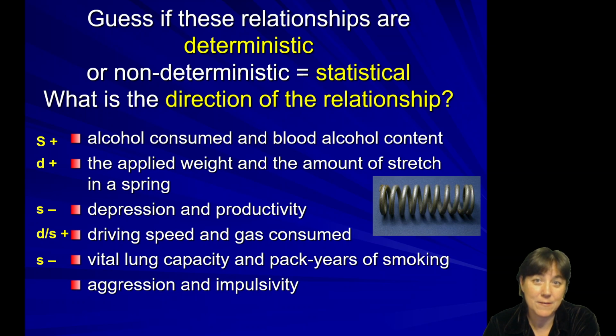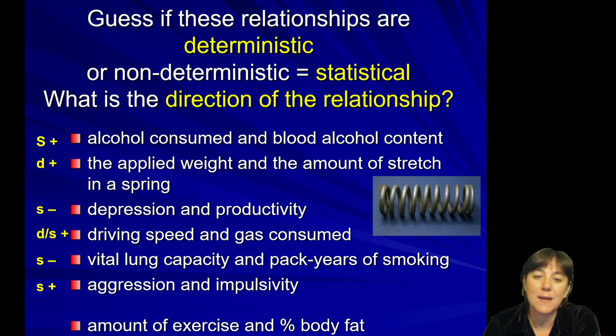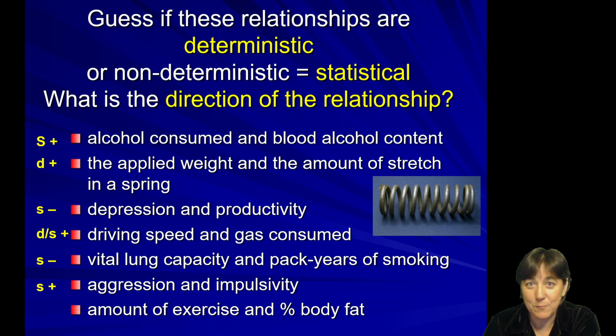Aggression and impulsivity is a typical positive statistical relationship. Aggressive people usually seem to be more impulsive, and the more you exercise, the less body weight you will have. So as we can see, most of our examples taken from the field of psychology are non-deterministic.